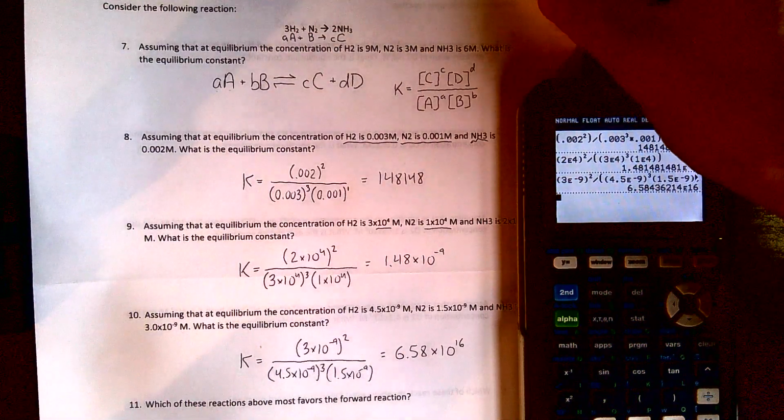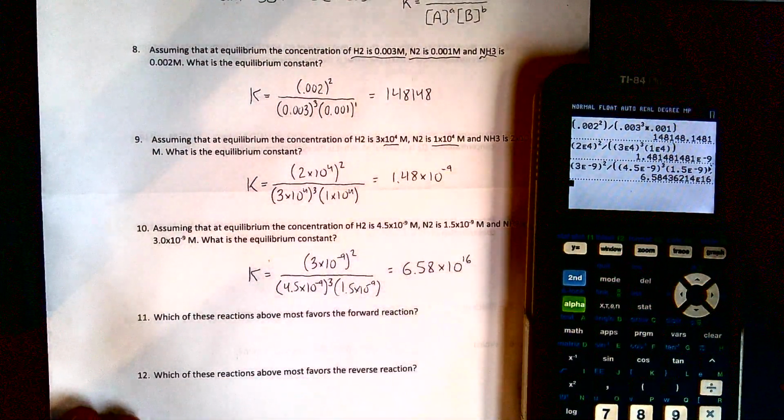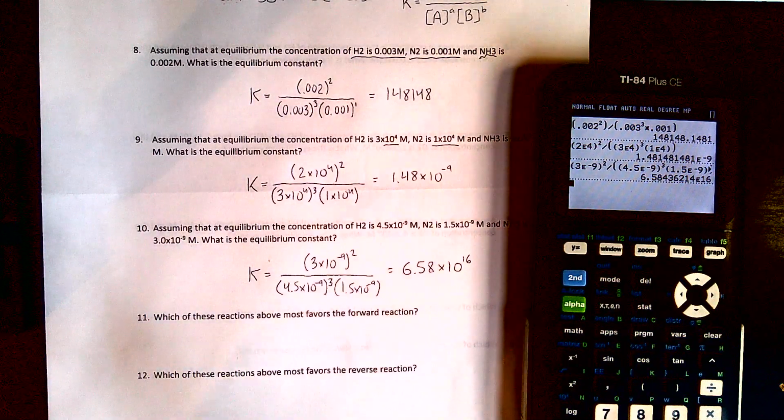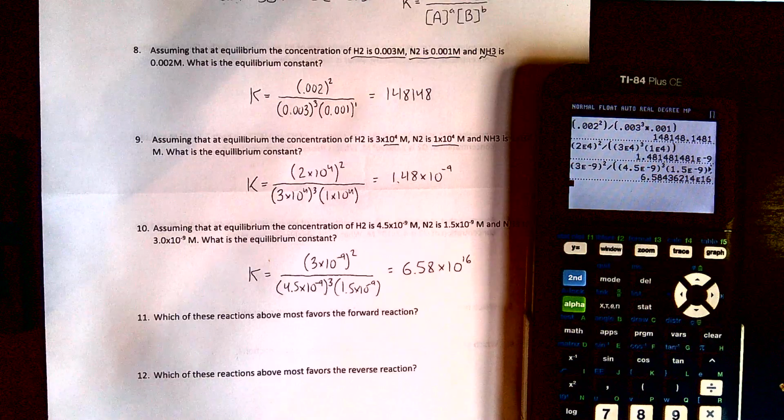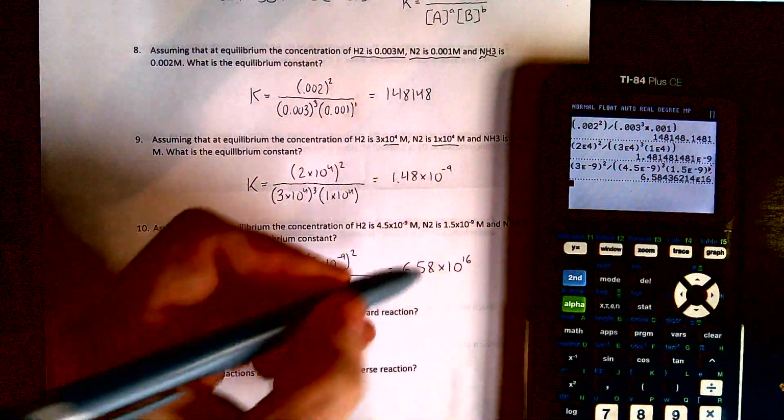Now for these bottom questions, which of these reactions above most favors a forward reaction? Well, forward reactions are favored when K is large. And so we're looking for the largest K, which happened in number 10.